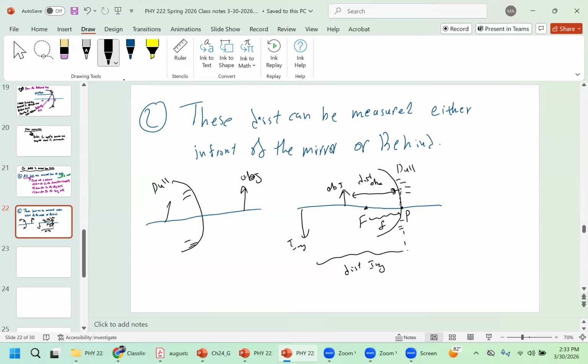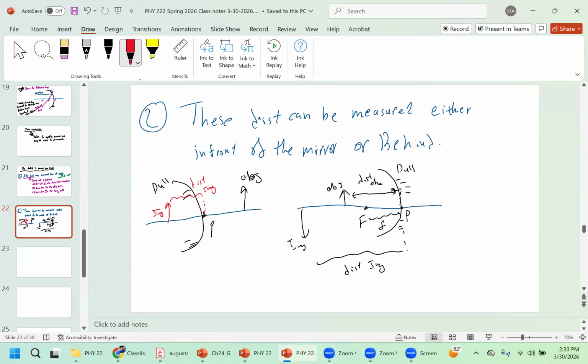If you look at it, probably something like right over here, where this is P. This is the distance of the image.